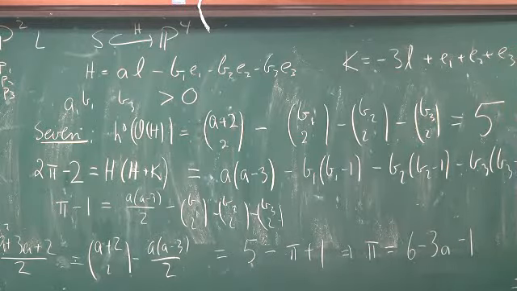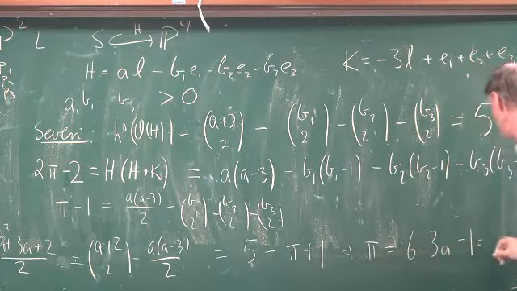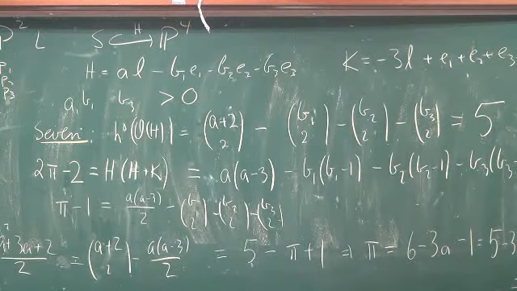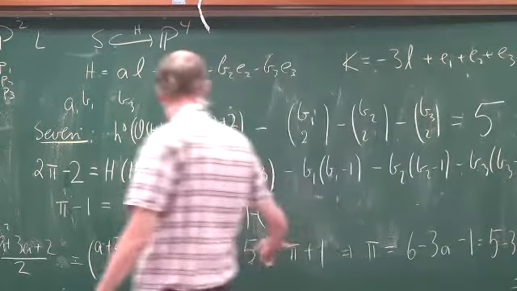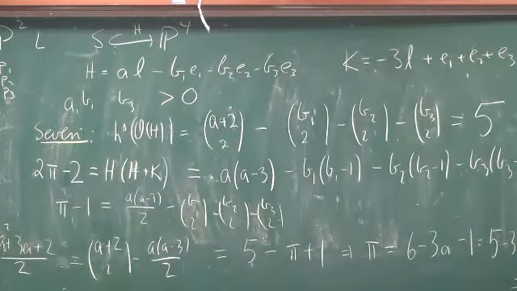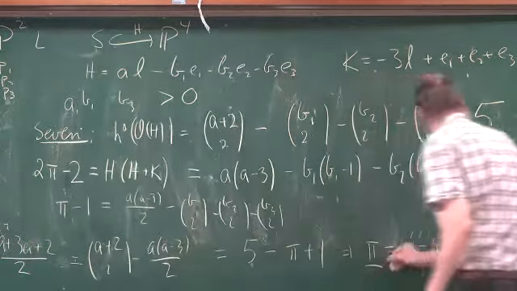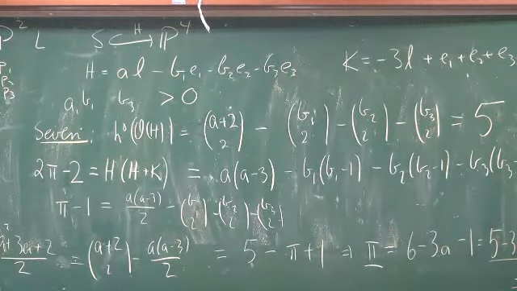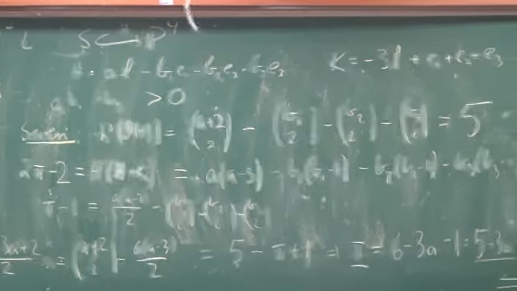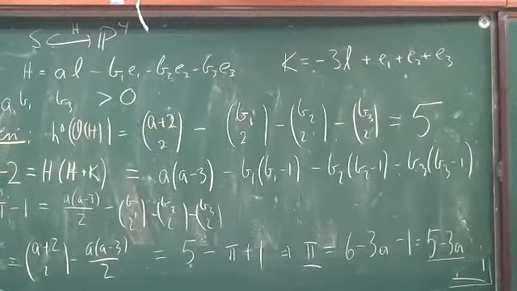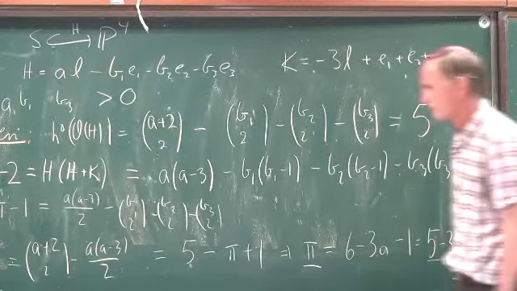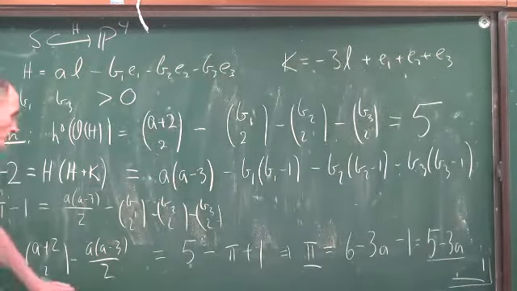Is that right? So pi is 5 minus 3a. Okay? Are you all happy with that?